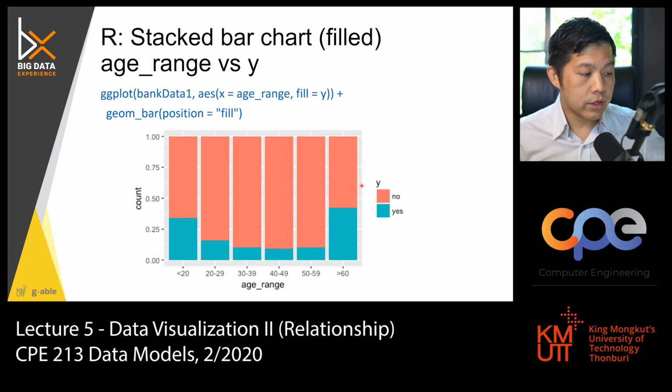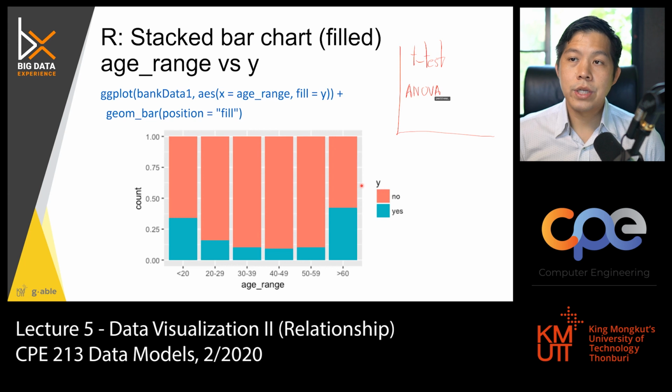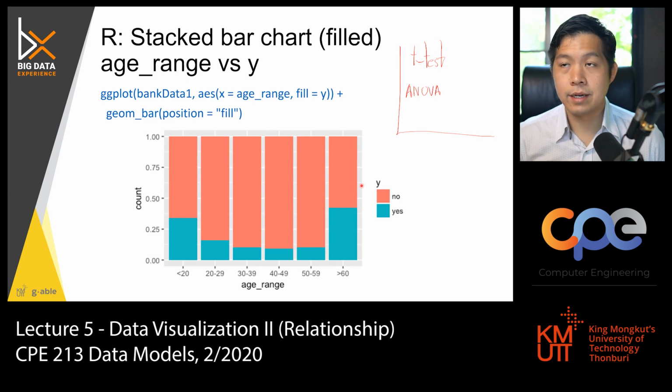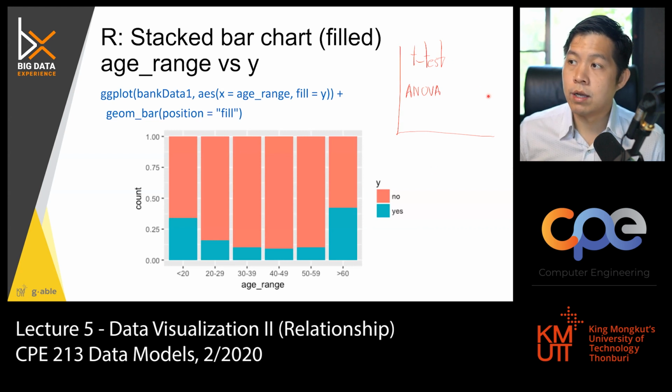Another way that you can do is to perform t-tests and Anova, analysis of variance, which I will not cover in my course here because they require a lot of basic statistical background that you need to learn in your statistics course. And also I would say the second statistics course, like the design of experiment or advanced statistical analysis, where you would learn about Anova.